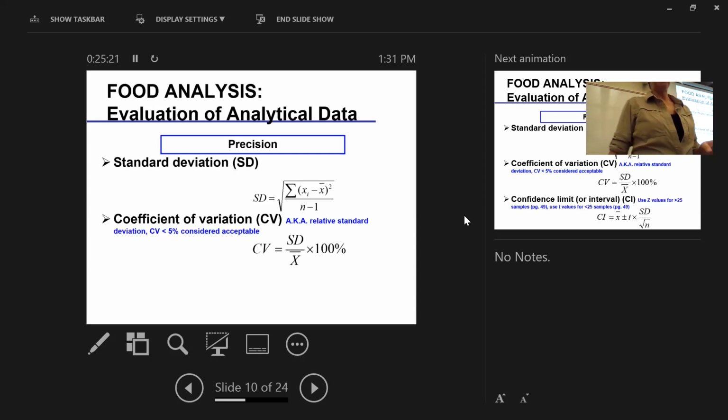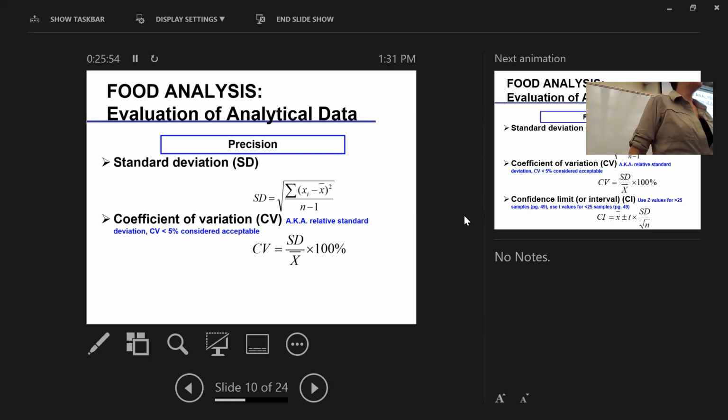Now, coefficient of variation. You'll see that when I want you to report precision of your data in the lab, I tell you in the table to give me coefficient of variation, not just standard deviation, and I'll show you why. Coefficient of variation is basically your standard deviation divided by the mean, multiplied by 100. So here you are correcting by the size of your mean.